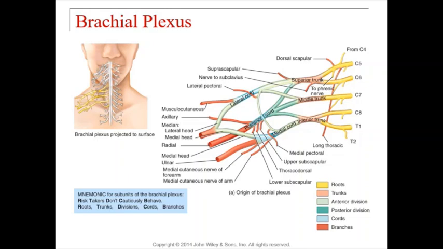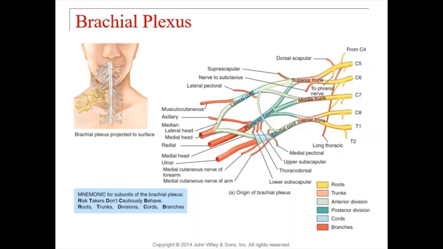But again, I want you to know their function. So what's a function of the radial and ulnar nerves? Let's do the radial nerve first. Turns out the radial nerve provides motor and sensory functions to fingers 1 through 3 and half of finger 4. Yes, that's a function. One function of the radial nerve is to provide motor and sensory information to fingers 1 through 3 and half of finger 4.